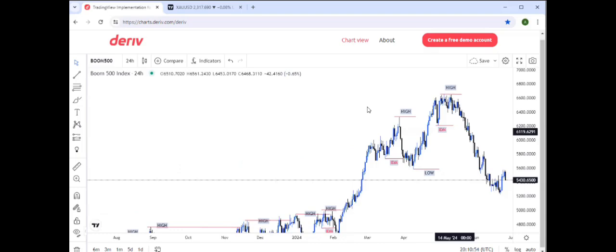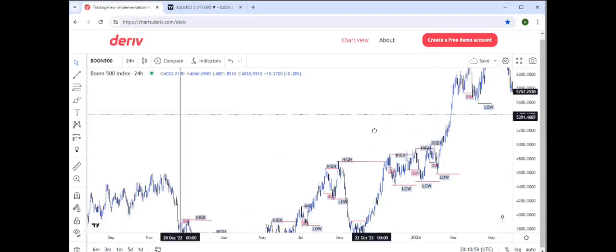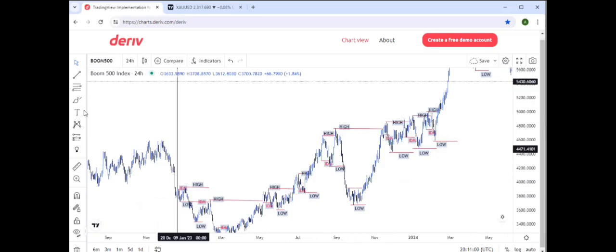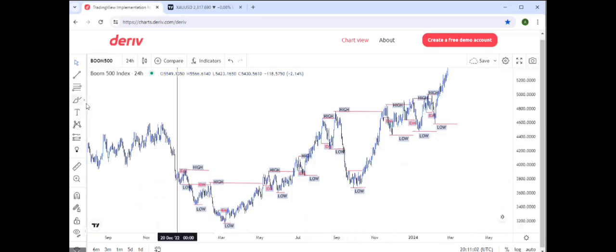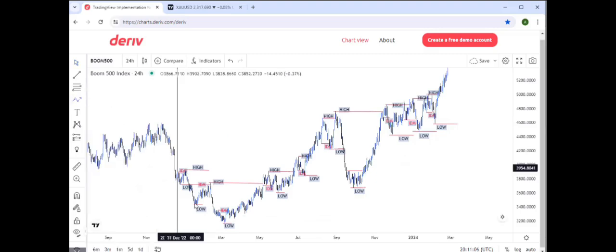So how do I do this? Let me draw it on. Let me just use these two to actually mark it out. So I have this high, low, high, low, high, low, high, low, high, low.